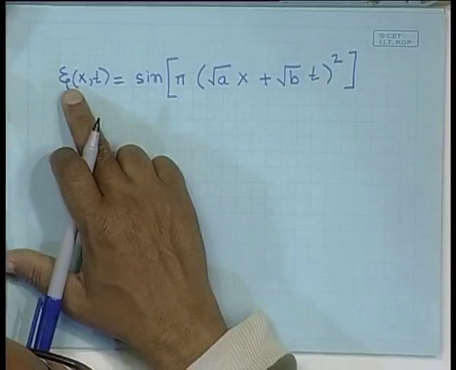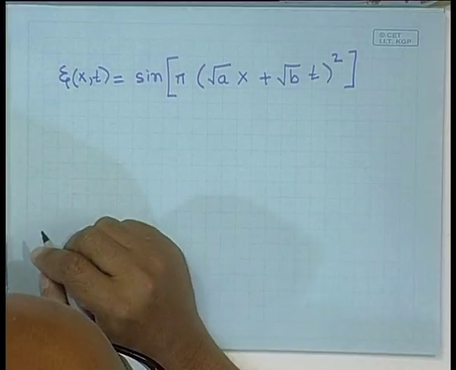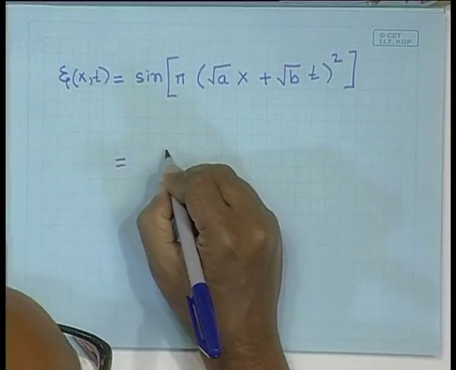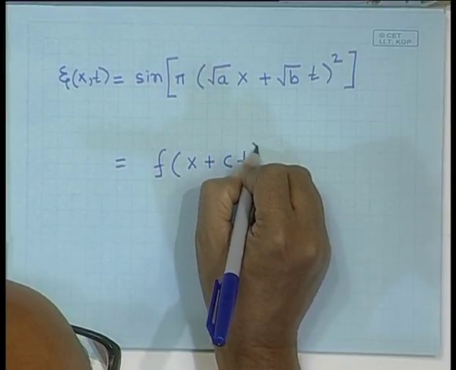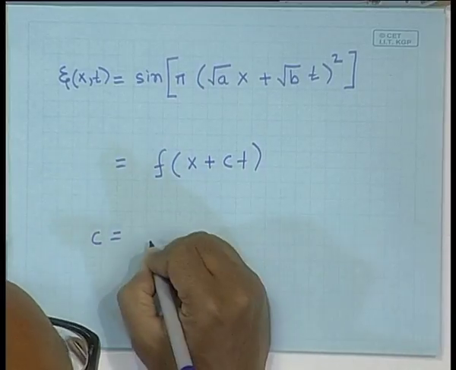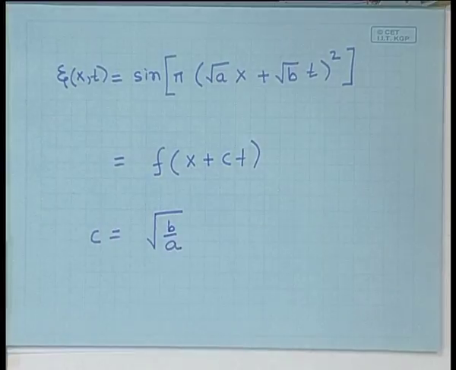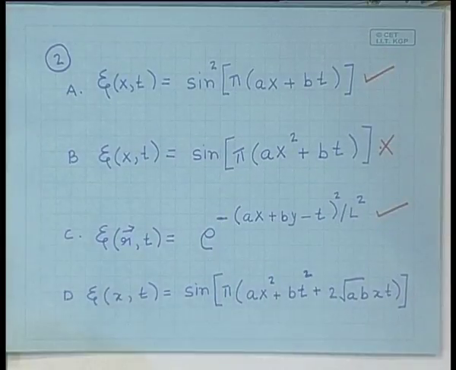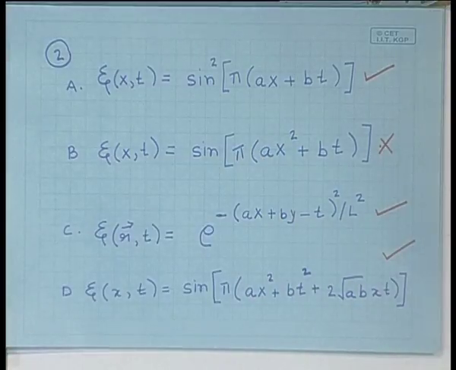So, the displacement is now expressed like this, and it is very clear that this is of the form where it is a function of x plus ct, where c has the value square root of b by a. So, this is indeed a travelling wave, and it has a speed square root of b by a. So, this is a travelling wave, and its speed has also been calculated.